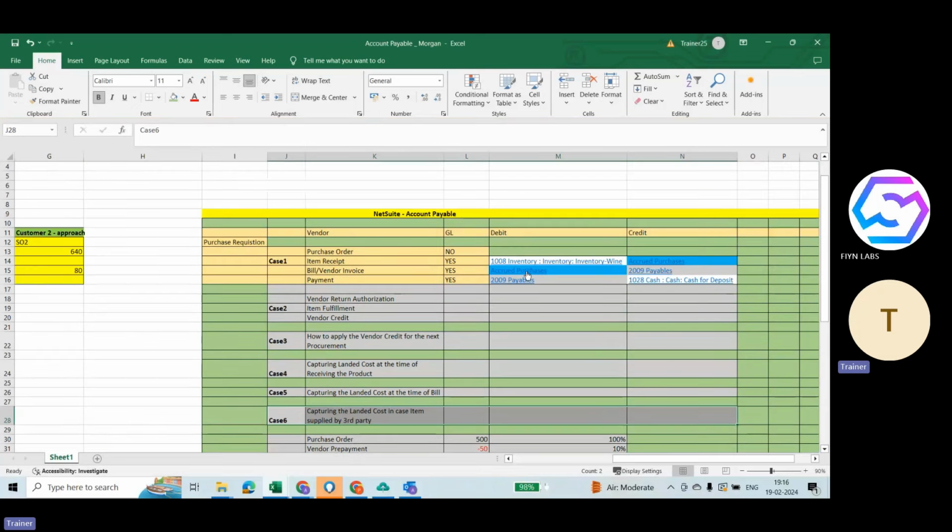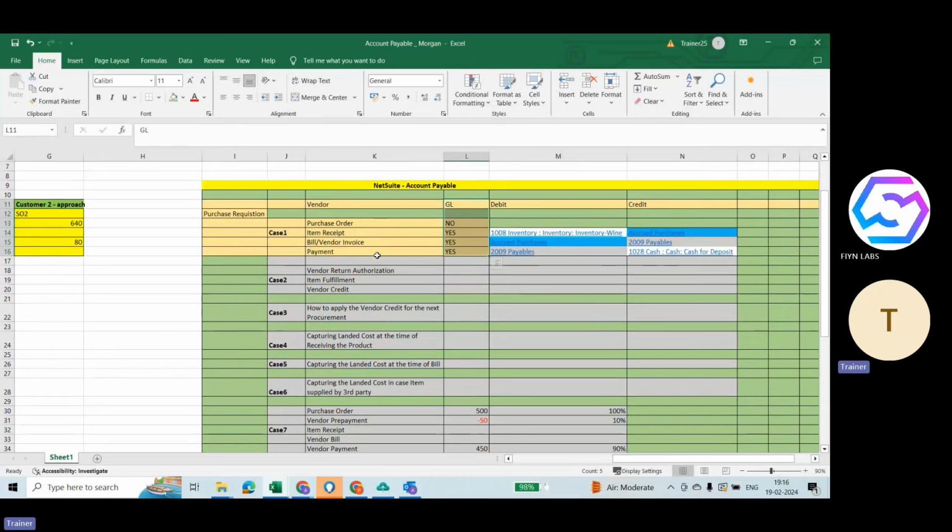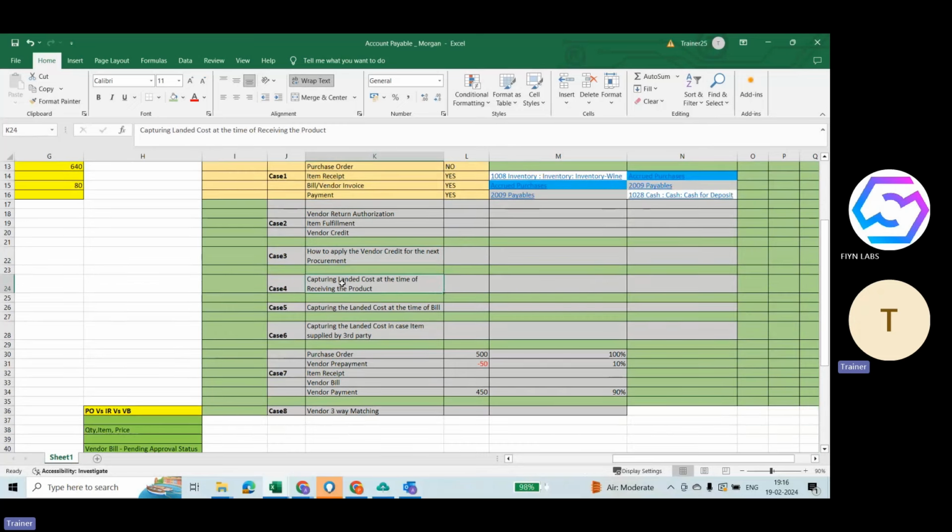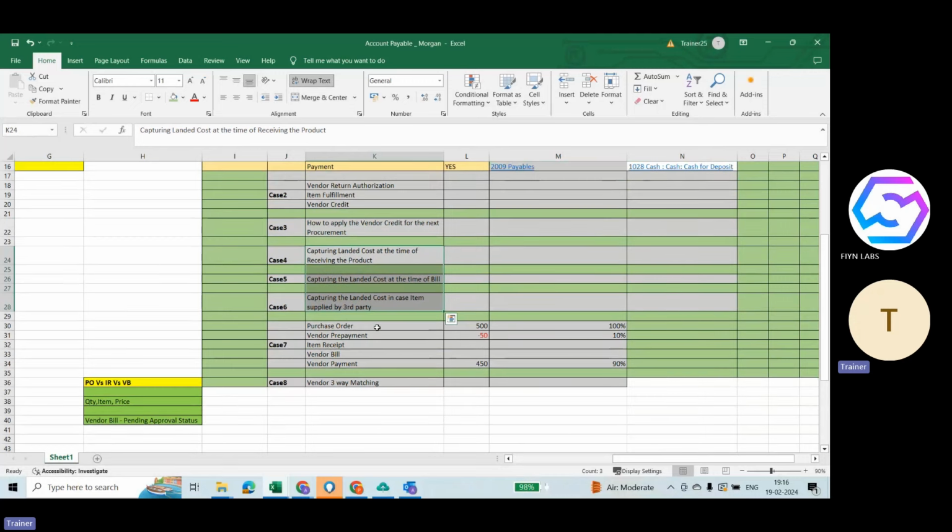We will be talking about the GL impact, like how the GL impact flows when we go to the NetSuite system. Then we will be talking about the extraction scenario, as I told you. Then the vendor credit, how it can be applied to the next purchase cycle. Then landed cost, there are so many landed cost scenarios. And then we have a prepayment scenario.